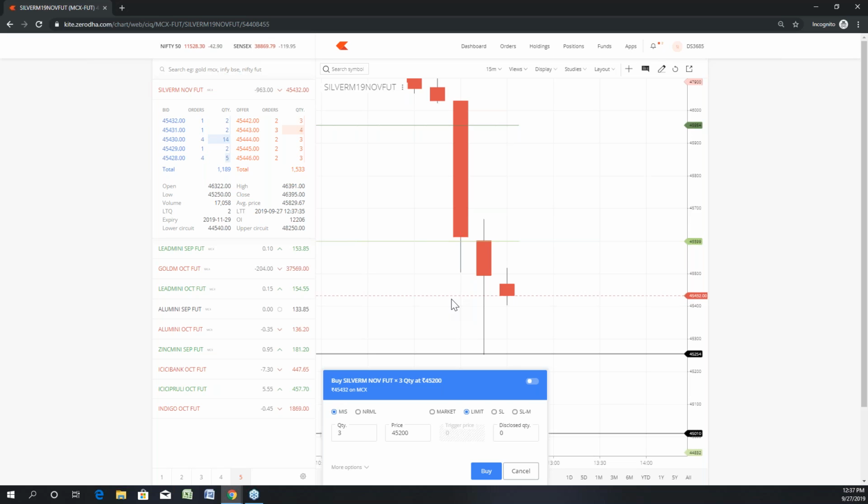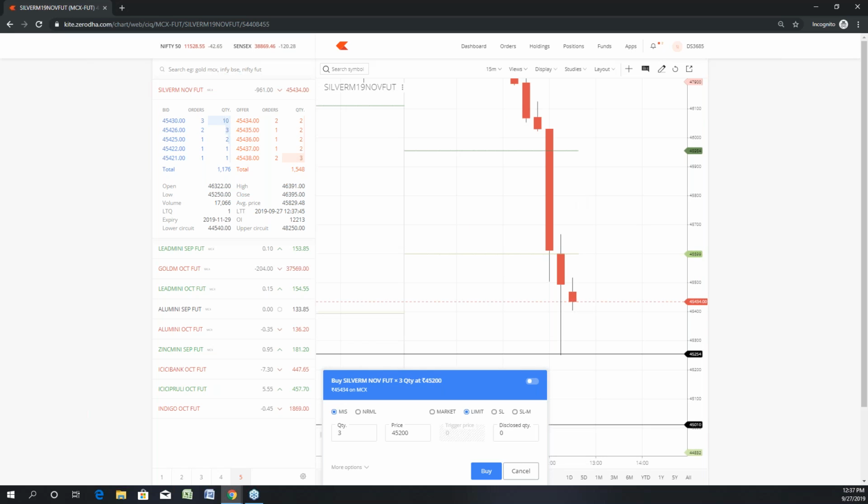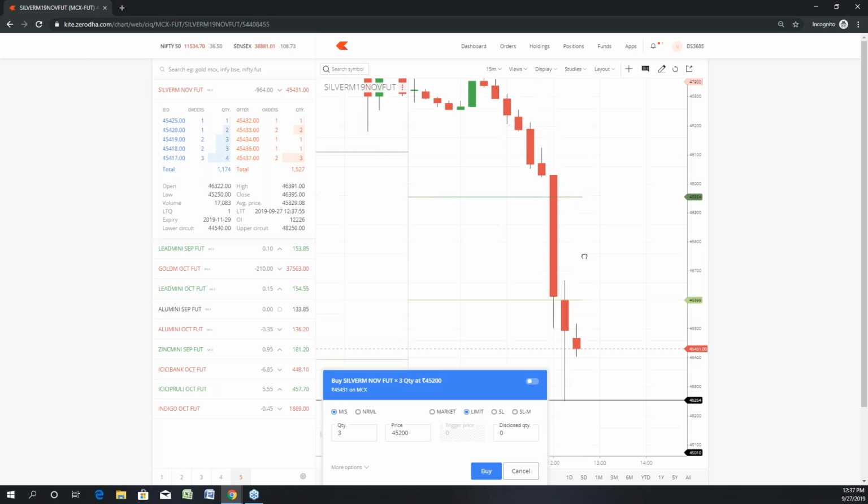Probably my wavelength has got matched with silver, and hence I always find the correct trade and correct entry, of course with the help of my setup. There is no fear when I'm trading in silver, because somehow I've understood the way it's going to move, why it's going to move, what the reasons are, and where it will stop.